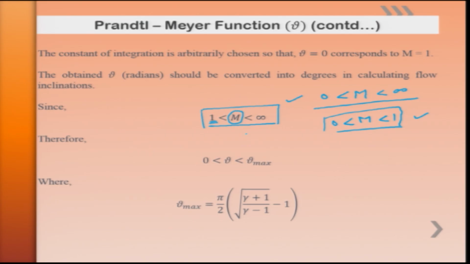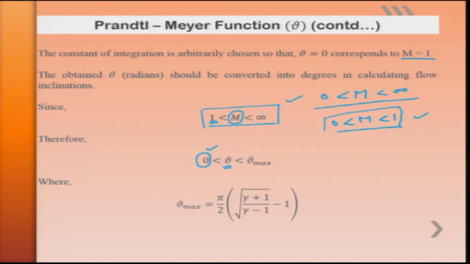In this range the Prandtl-Meyer function can be calculated. At Mach 1, as we have just said, the arbitrary constant of integration is chosen to be 0 for the case M equal to 1. Hence the range of the Prandtl-Meyer function nu starts at 0.